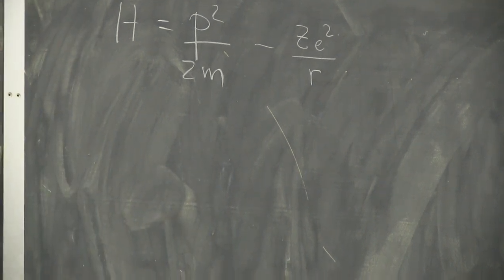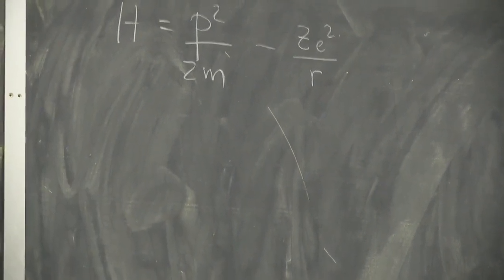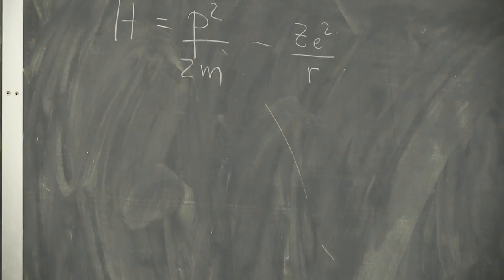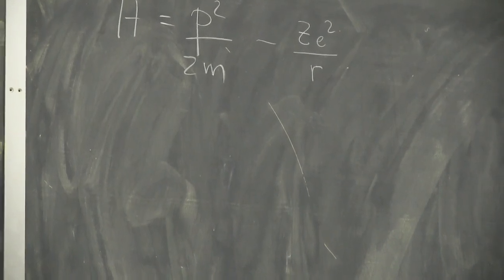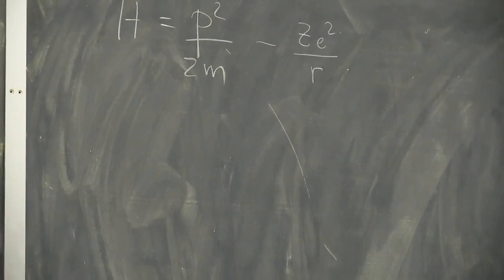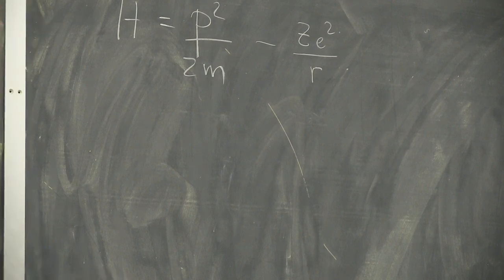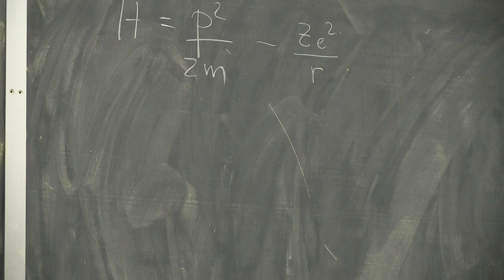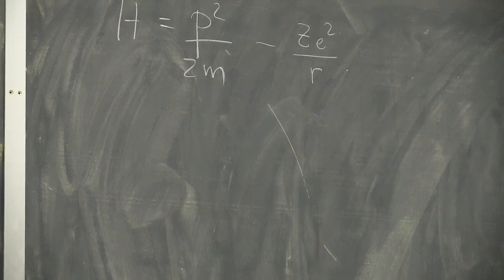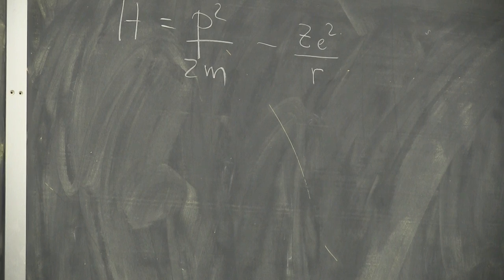There's one electron charge, and then the nucleus has Ze. So the product of those charges is Ze squared. r is the radial distance of the electron from, actually, the center of mass of the nucleus-electron system.